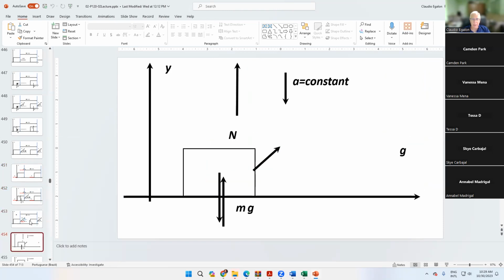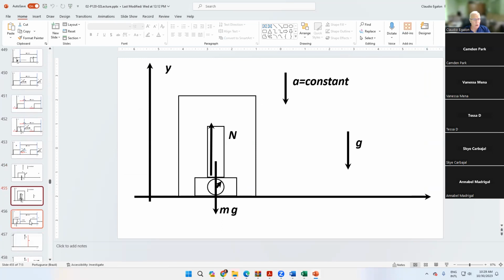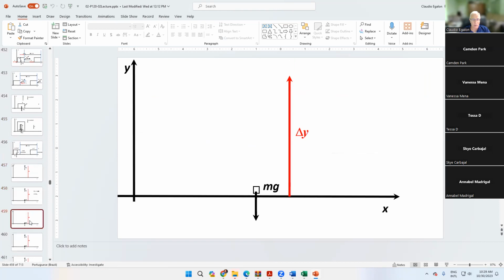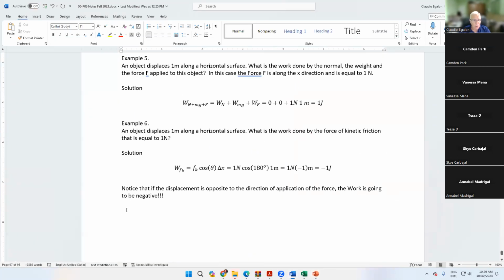Okay, and that's for the case of a constant force.